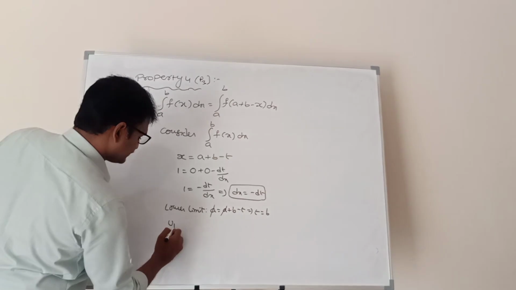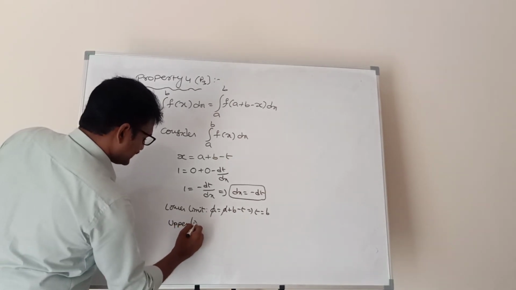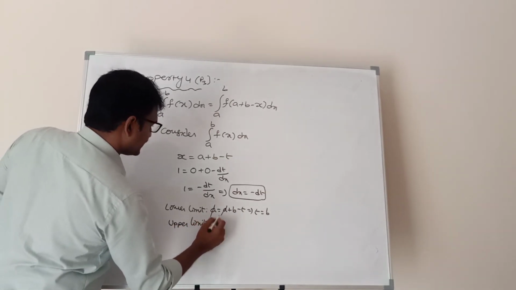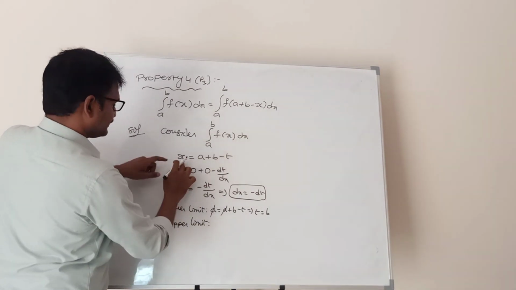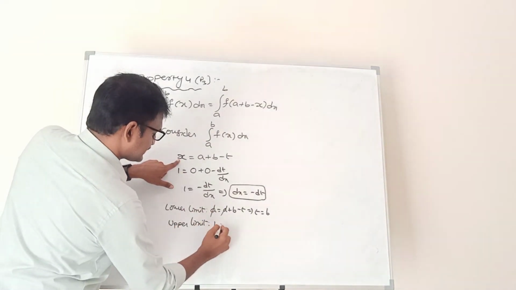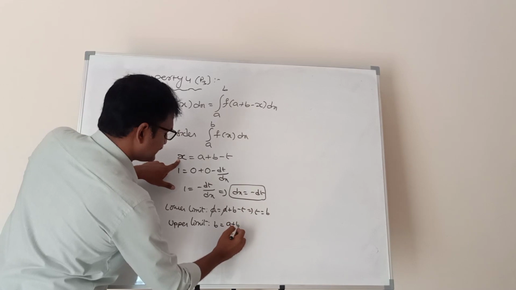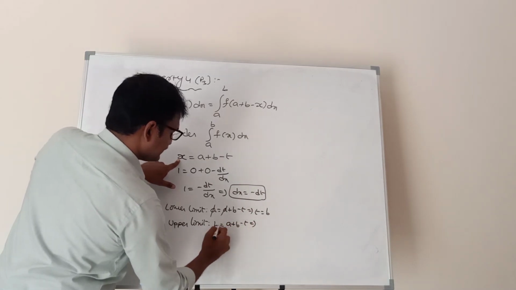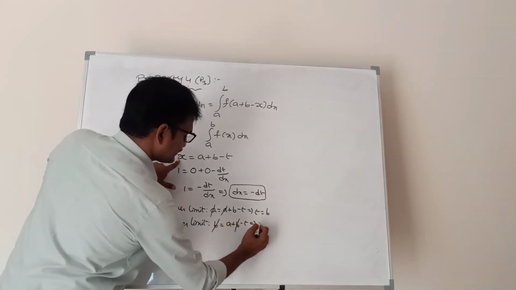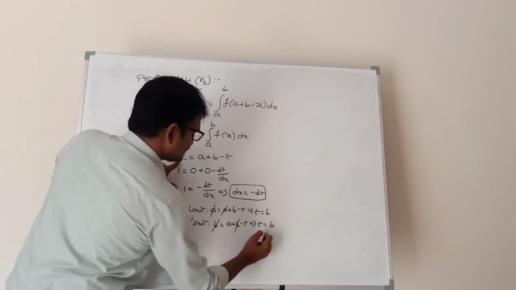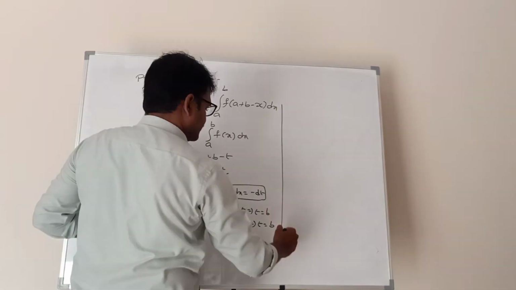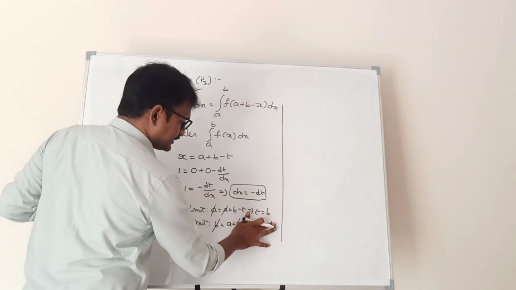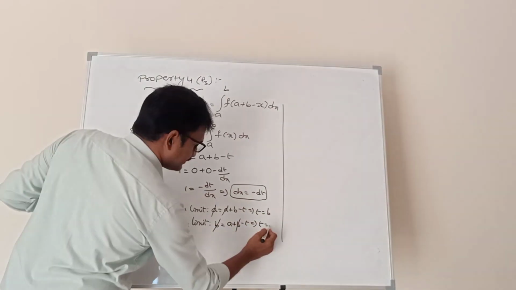Next, upper limit: x equal to b, so b is equal to a plus b minus t. Plus b gets cancelled, so, sorry, t is equal to a.